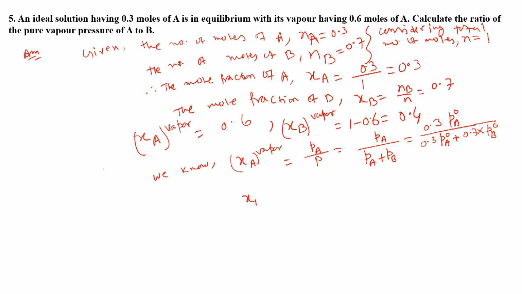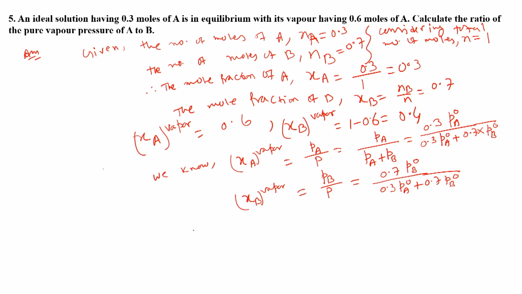Similarly, Xb vapor will be Pb by P, so we get 0.7 times Pb naught by 0.3 Pa naught plus 0.7 Pb naught.